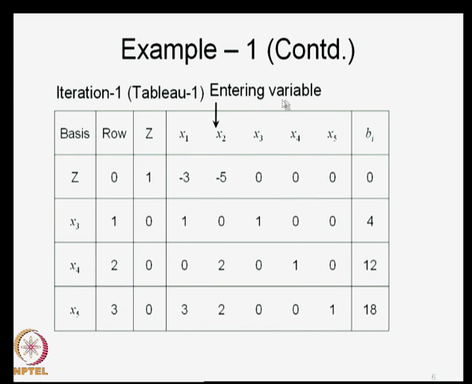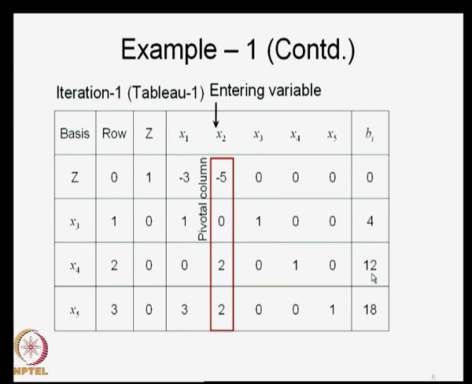So, we identify this as the entering variable, and corresponding to that column we mark it like this, and this is called a pivotal column. The column associated with the entering variable is called a pivotal column. You have the bi values here, which are the right hand side values.